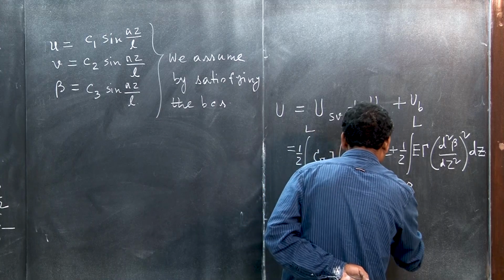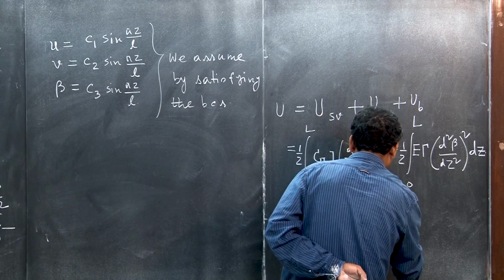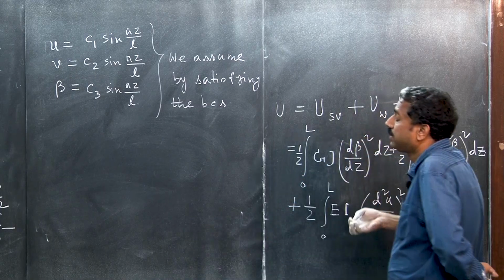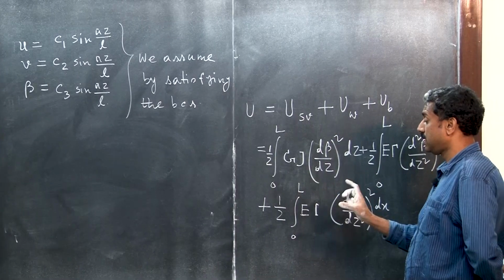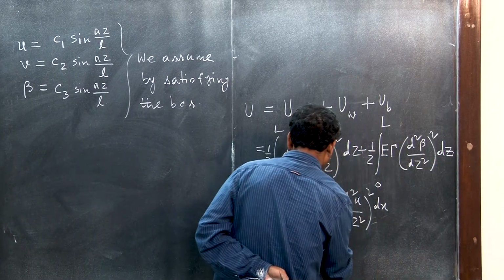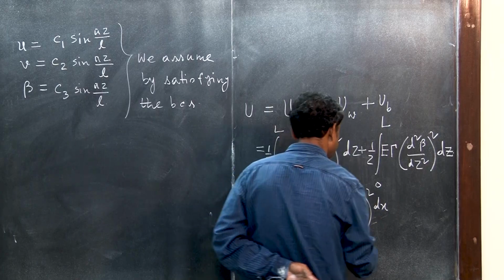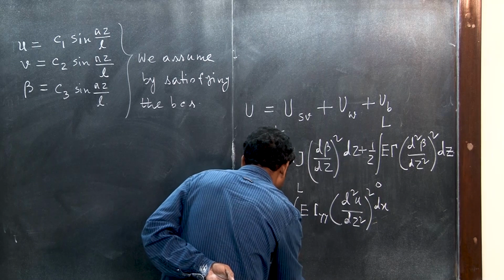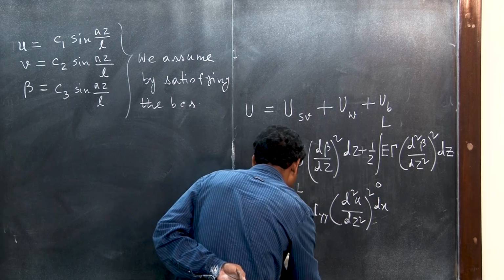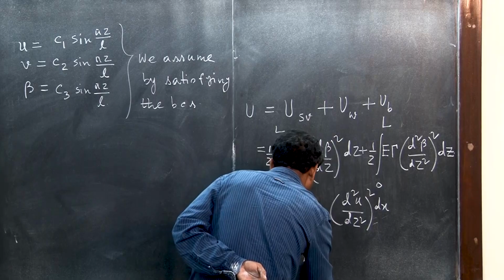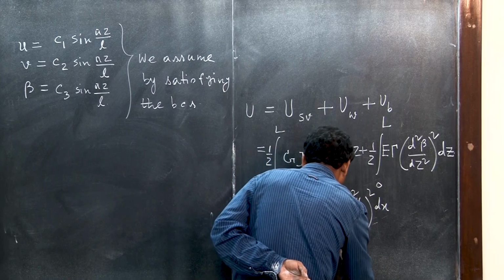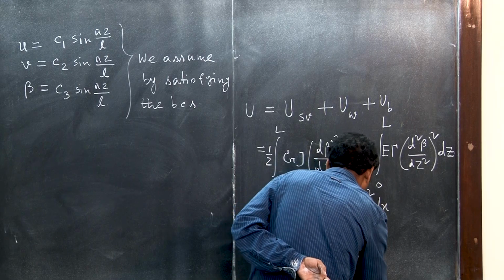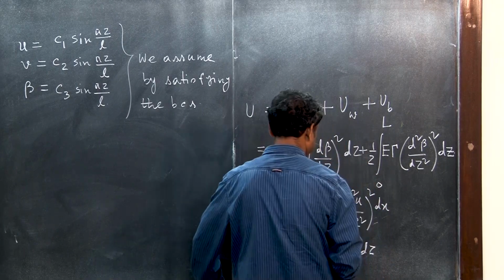Please note that u means it is deflection along x, that means the moment of area will be with respect to the y axis, right, and then plus half integration 0 to L EIx (d²v/dz²)² dz.